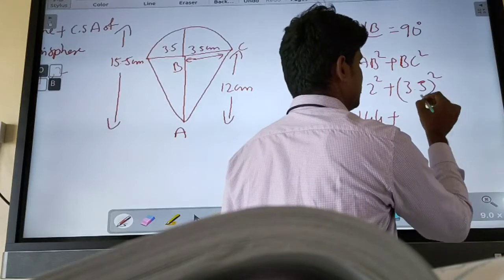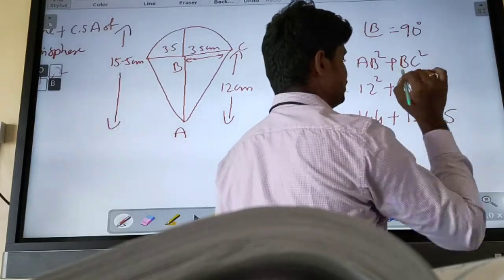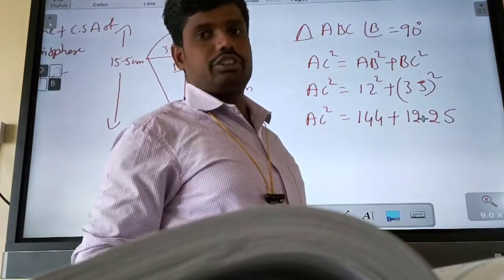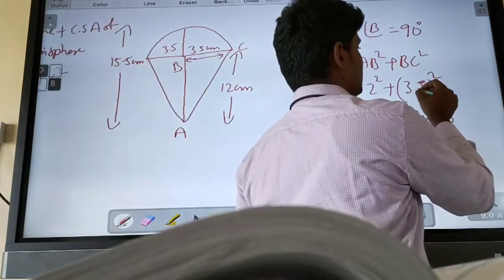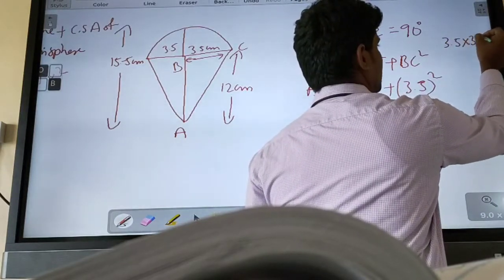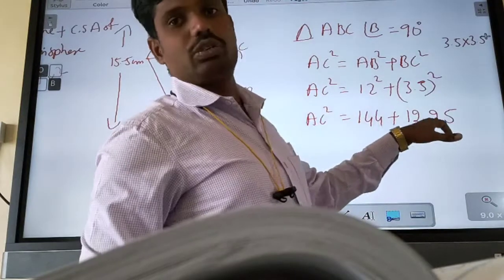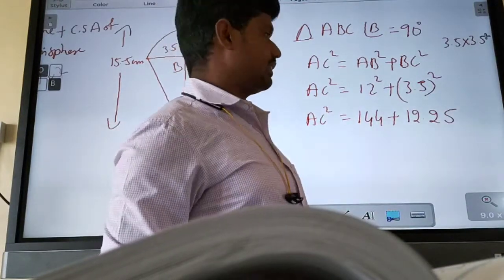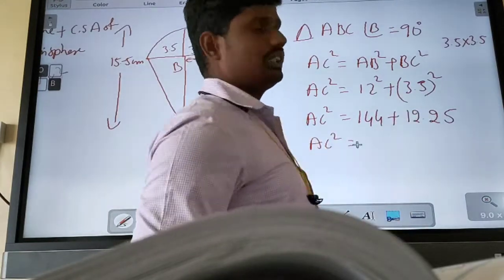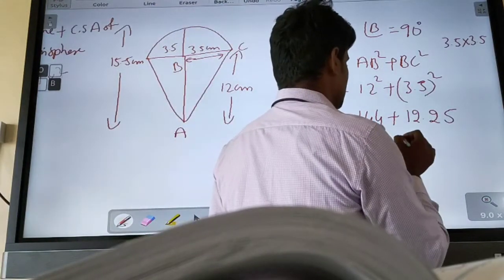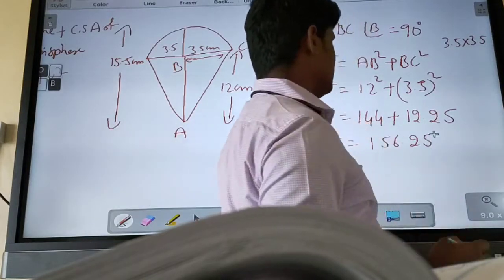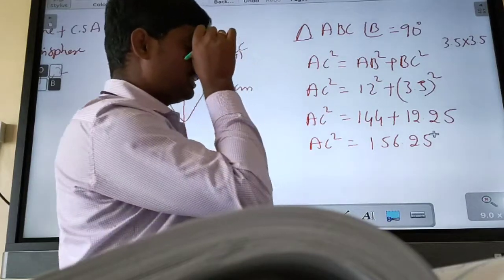The product of 3.5 into 3.5 is equal to 12.25. Now add both. AC square is equal to 144 plus 12.25, which is 156.25.